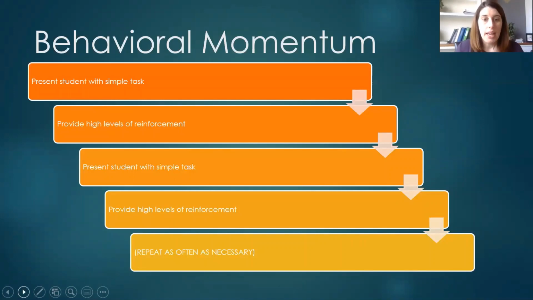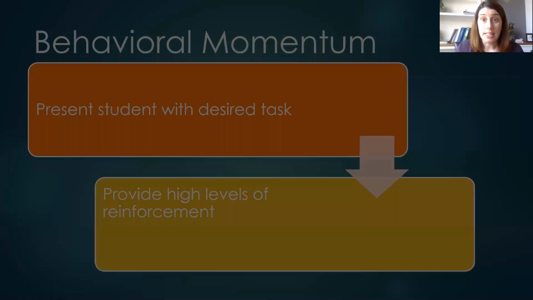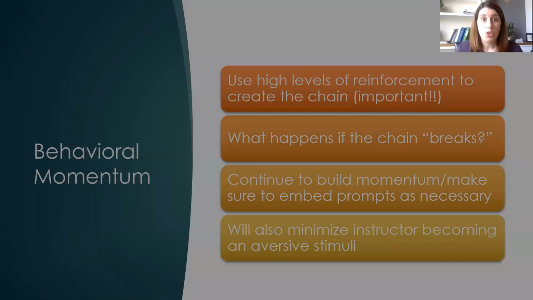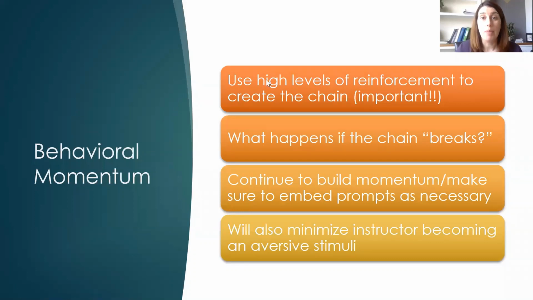So you want to repeat this as often as necessary until you have had access to your student completing the task. As an instructor, you need to use the high levels of reinforcement to create that chain. Probably more reinforcing than you would naturally be for a simple directive such as touch your belly or touch your nose or touch your head, whatever that would be.